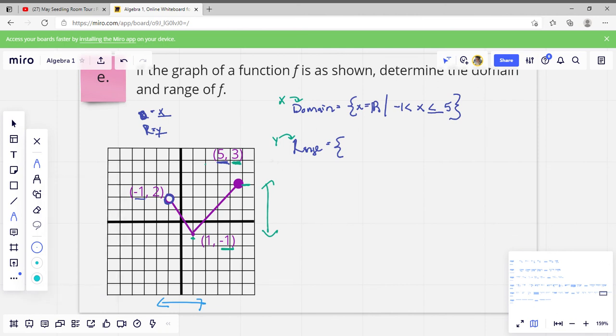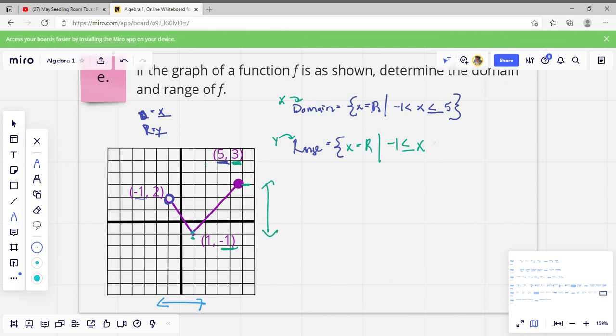Okay, so if our highest point is 3 and our lowest point is -1, that means our range equals the y equals the real numbers, such that our lowest one is -1 is less than or equal to y, right? And then, because y is everything greater than -1 right there, so everything above it.